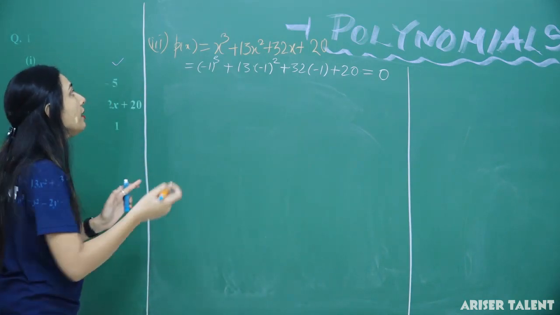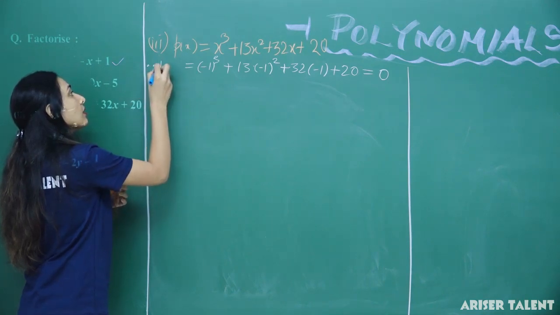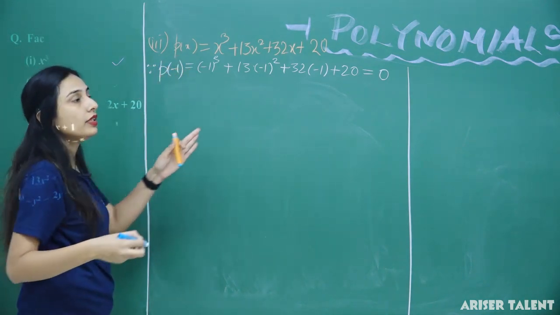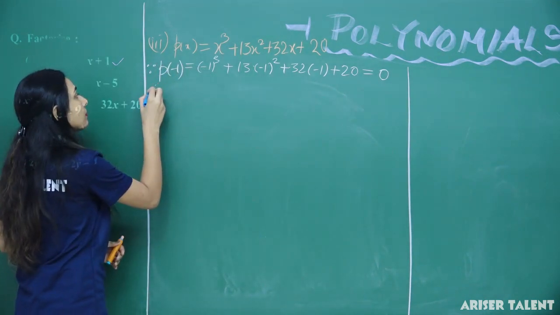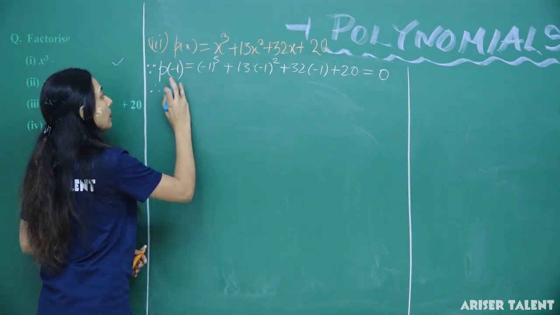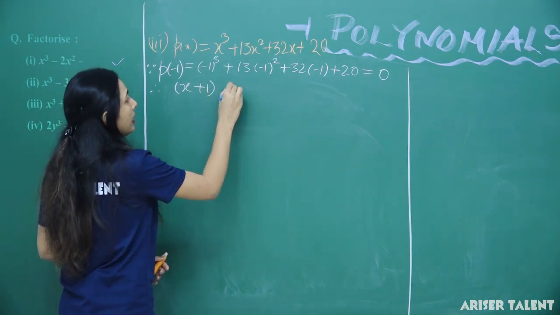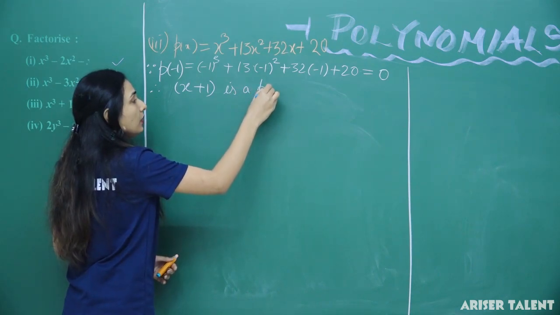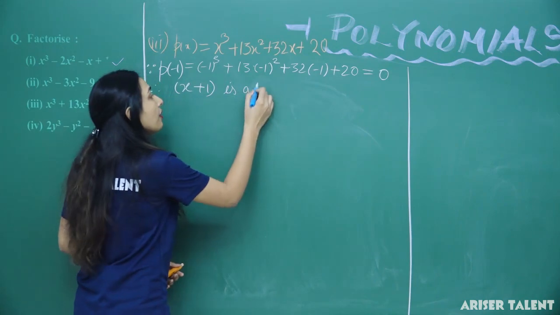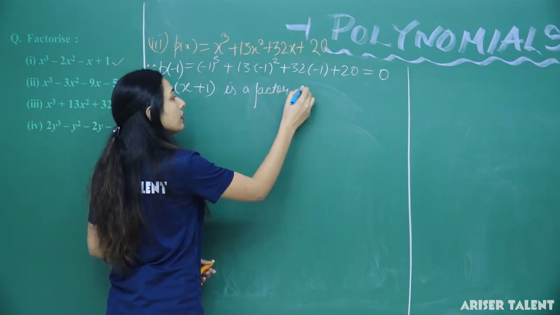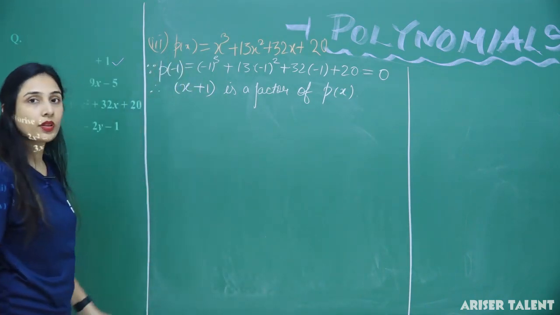So, basically what? p(minus 1) gave you 0, that means x plus 1 is a factor of the polynomial p(x).